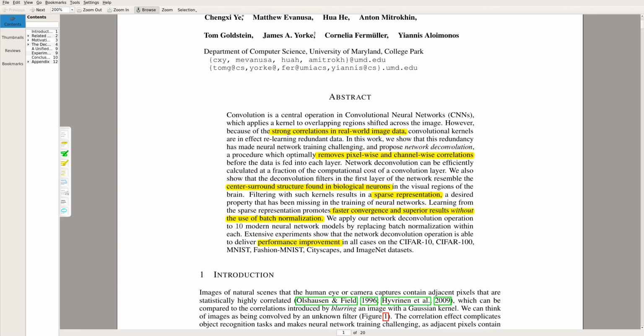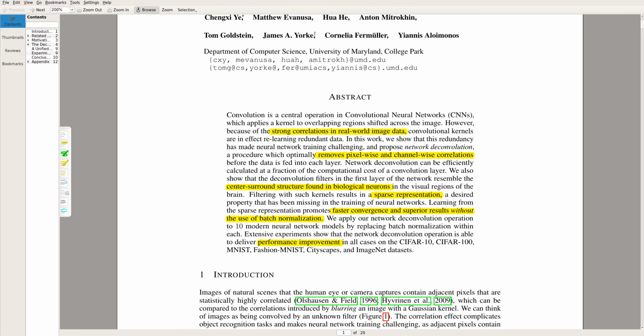They also have a biological explanation for this method, and that is that they observe that in nature there's this center-surround structure in biological neurons in the visual brain, which actually looks for edges in the picture in a way.